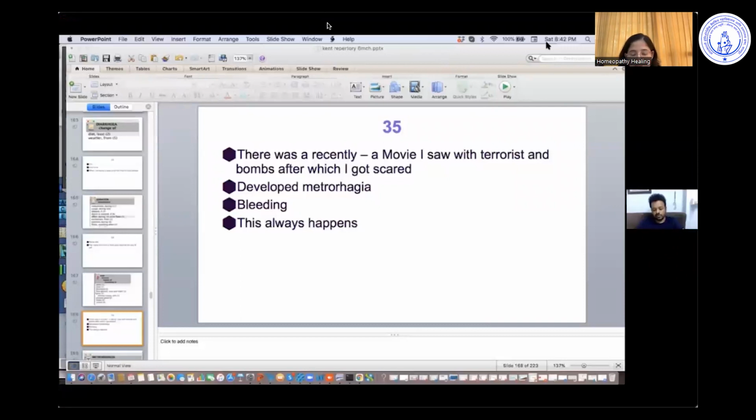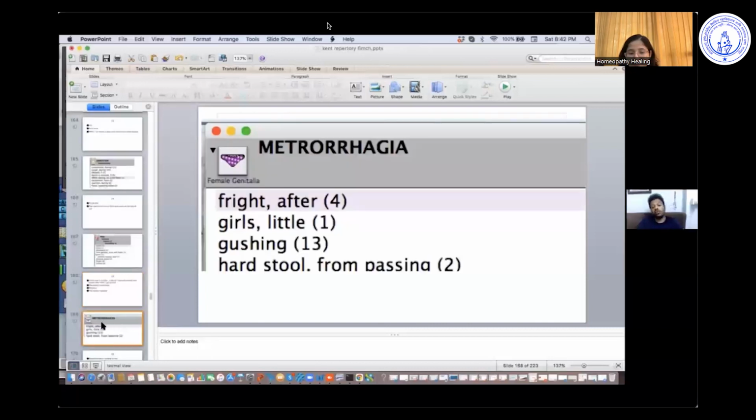Good, Dr. Swarna. Very nice rubric, no? Very important rubric. Dekho, metrorrhagia from fright.